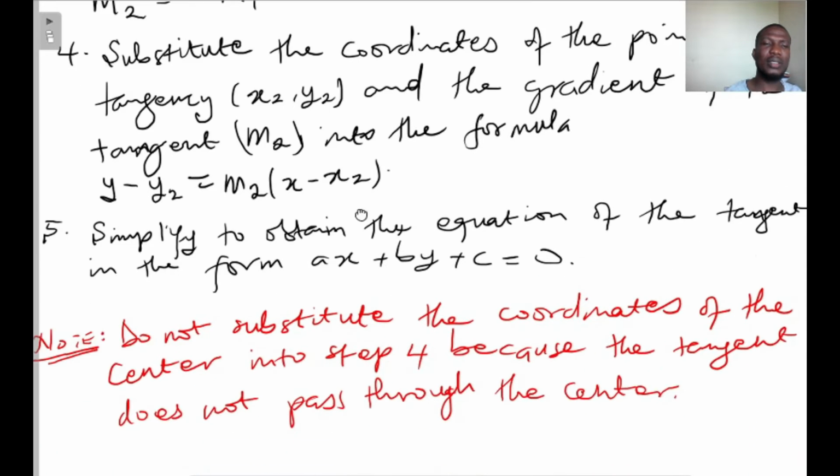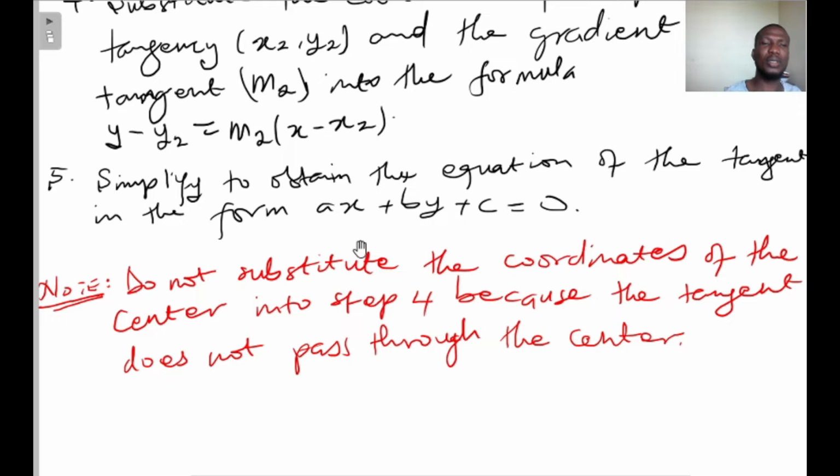Then step 5 says simplify to obtain the equation of the tangent in the form ax plus by plus c equals 0. Then I put a very important point here, that do not substitute the coordinate of the center into step 4, because the tangent does not pass through the center of the circle.